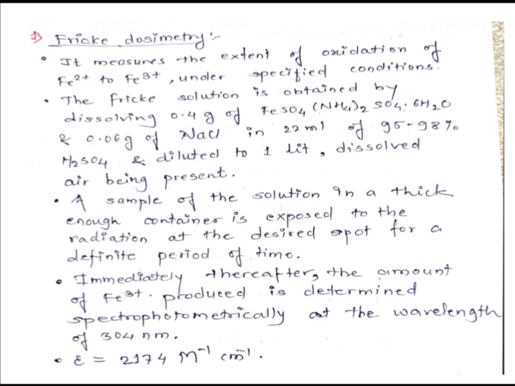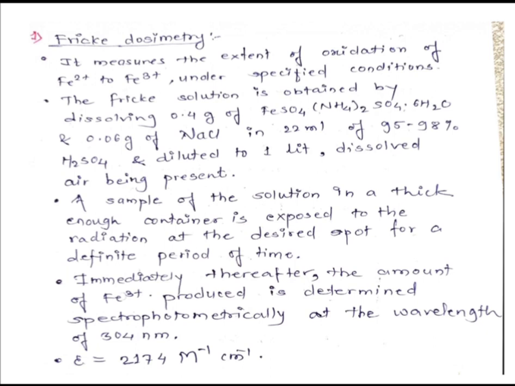A sample of the solution in a thick enough container is exposed to the radiation at the desired spot for a definite period of time. So just take the sample solution in a thick enough container, and that solution is exposed to the radiation, and we keep that solution there for a definite period of time.